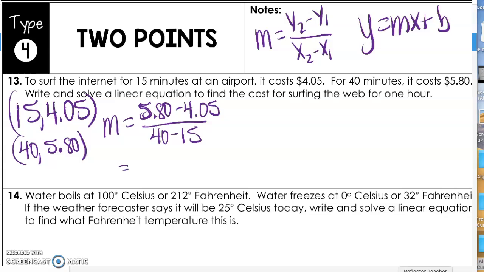So I'm going to write it down here to save some room. 1.75 over 25 and you get 0.07. These ones you can have decimals for because it makes sense that it's money. So what this would mean is it costs 7 cents per minute.